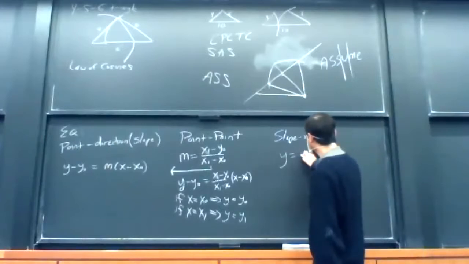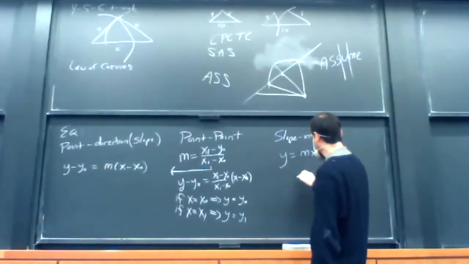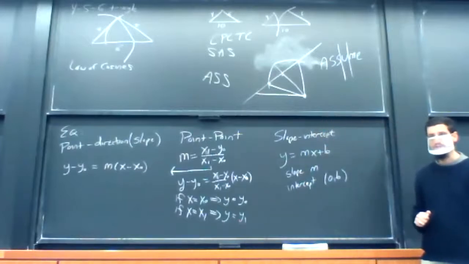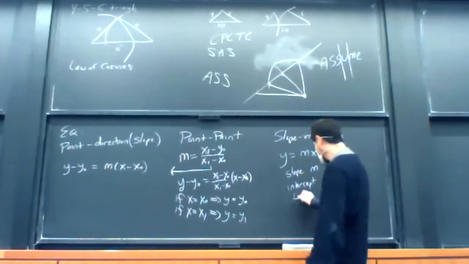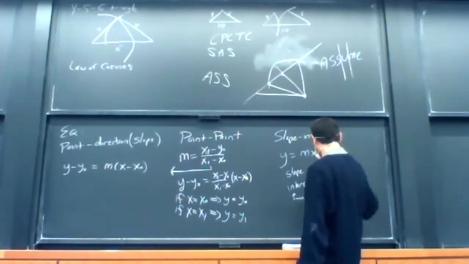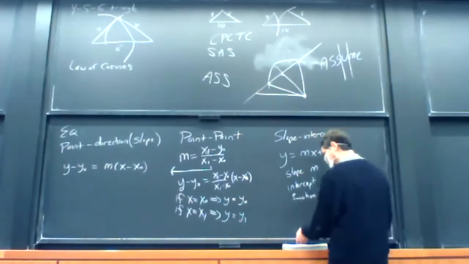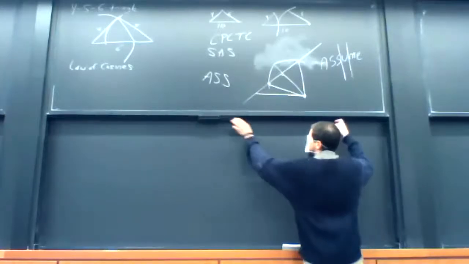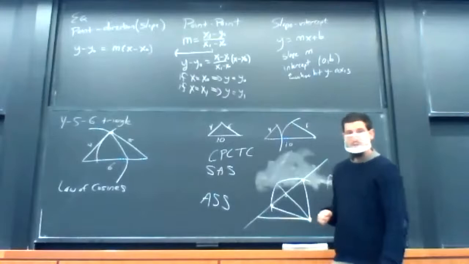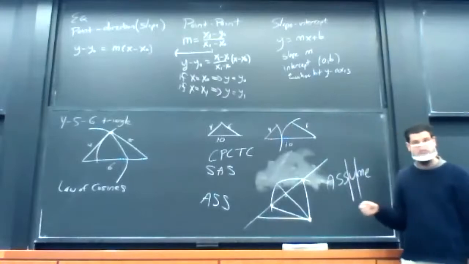This is y equals mx plus b. And so the slope is m, and the intercept is the point 0, b. So it's where the line crosses the y-axis. Where you hit the y-axis. Okay. So any questions about those three equations of lines?